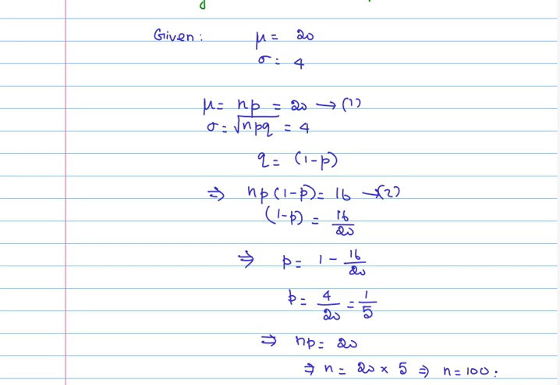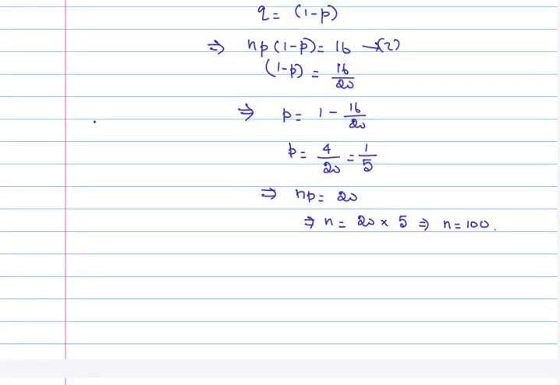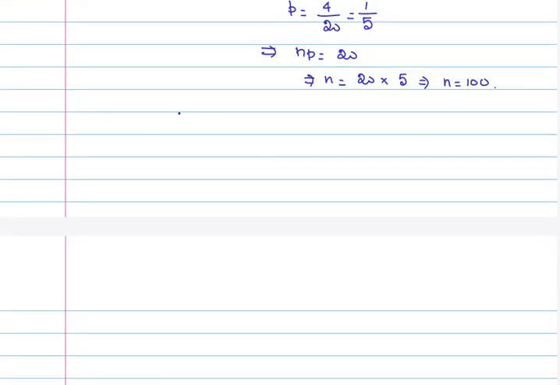In this problem we find that the parameters are n equal to 100 and p equal to 1 over 5. So the parameters (n, p) are (100, 1/5).